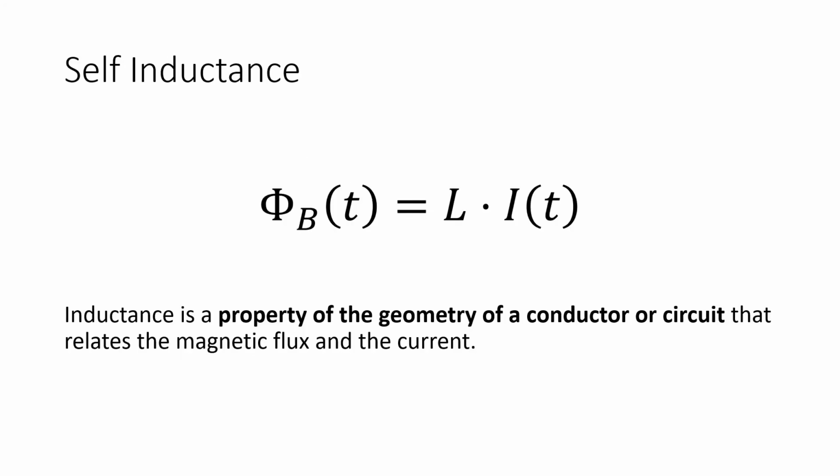However, with self-inductance, now we only have one ring. It is the relationship between the flux through this ring and the current running through that same ring.